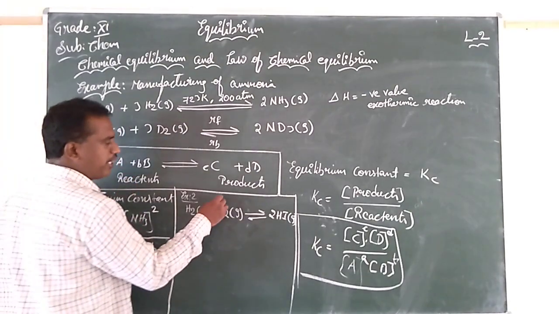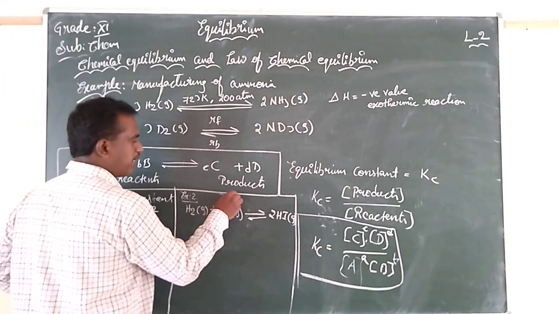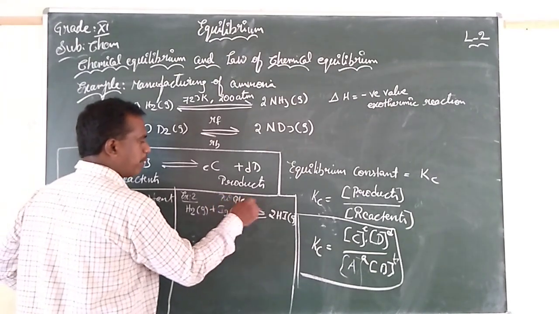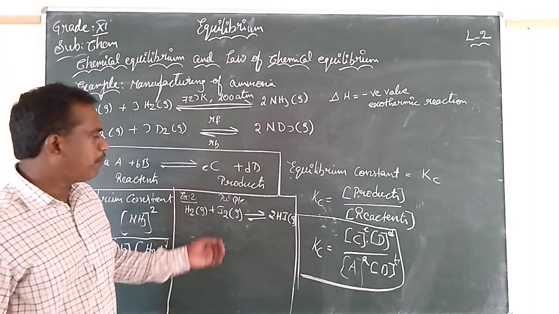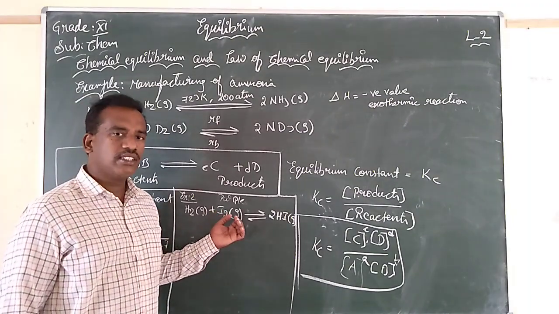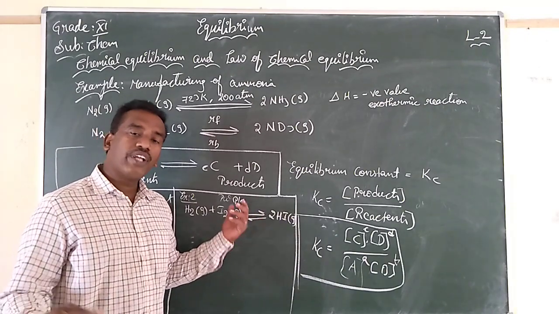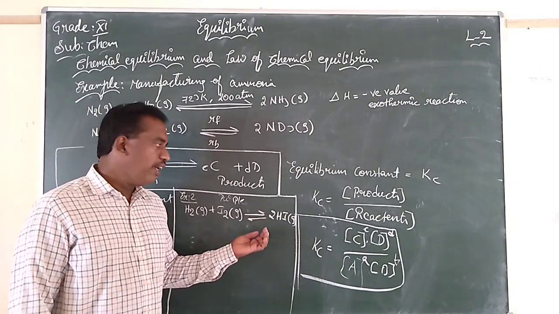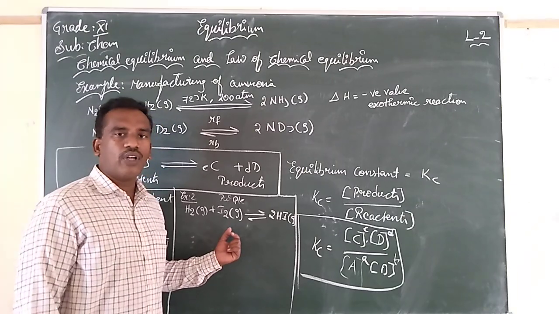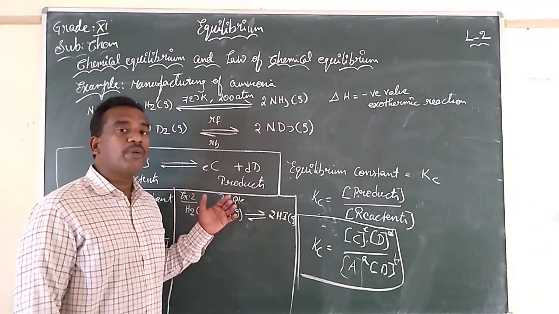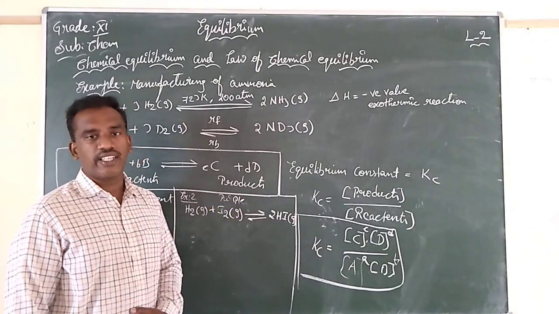Generally, this is purple in color. Which is purple in color? Iodine is purple in color. When the purple color disappears in the reaction, we say it is converting into hydrogen iodide. Or if you take the starting as hydrogen iodide, it may decompose to give the iodine gas, meaning purple color will be intensified in the reaction.